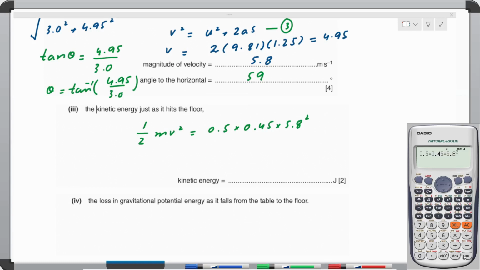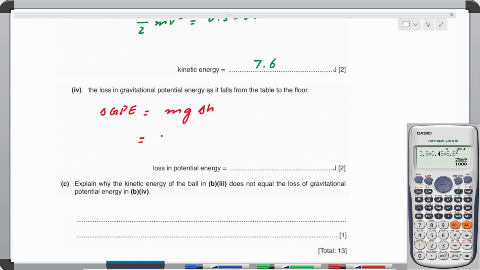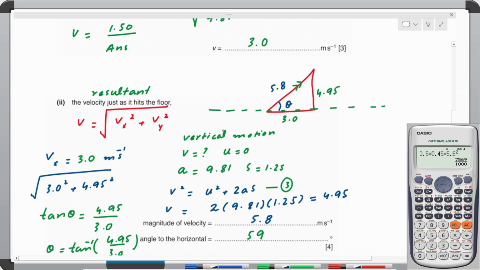You need to find the loss in gravitational potential energy. So the loss in gravitational potential energy equals mg delta H. So mass is once again 0.45, g is 9.81, and the height, let's see what the vertical distance is, 1.25.